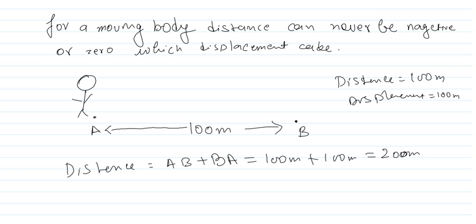So in this case, the distance is 200 meter. Now what will be the displacement? Displacement is the length of the straight line drawn between the initial point and the final point.